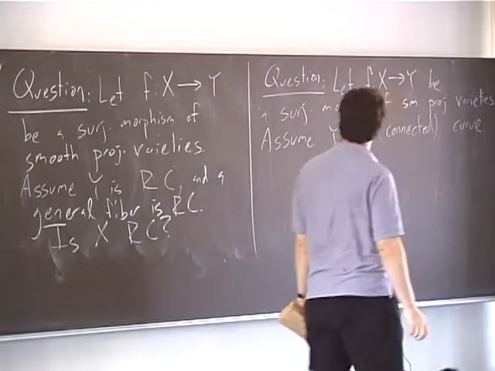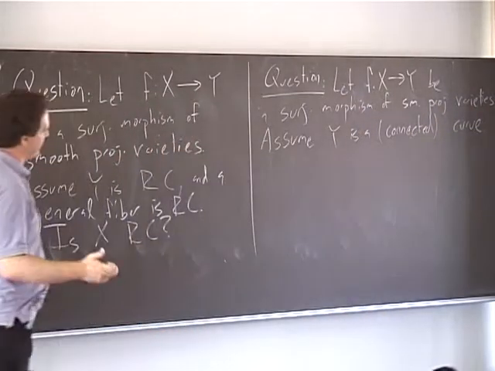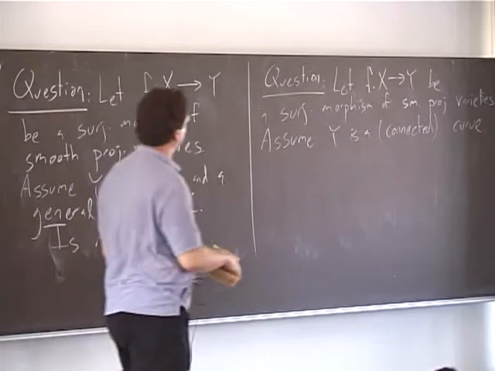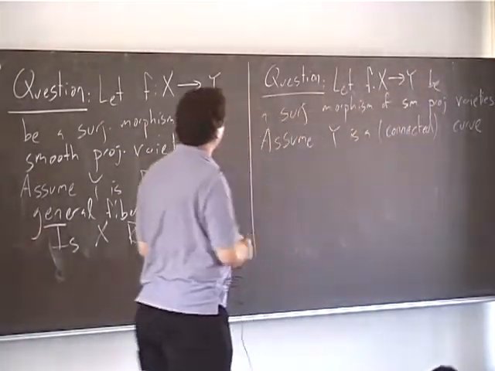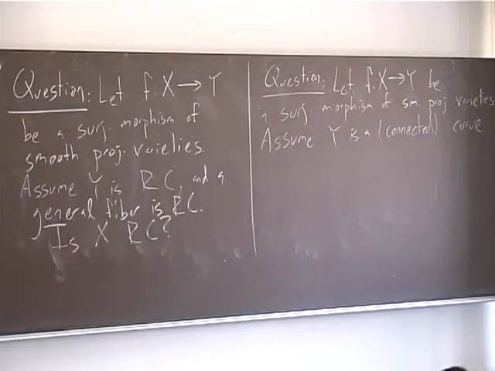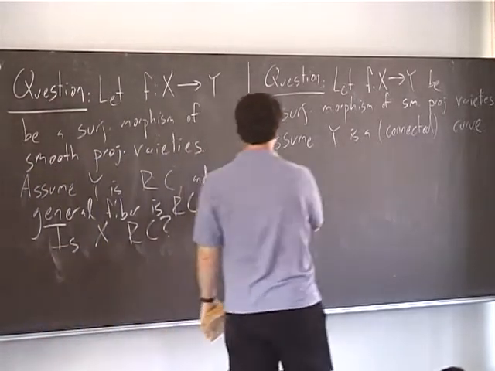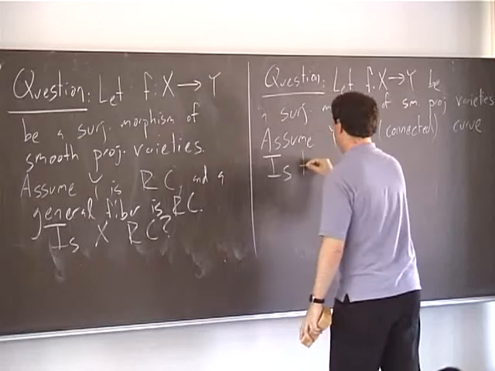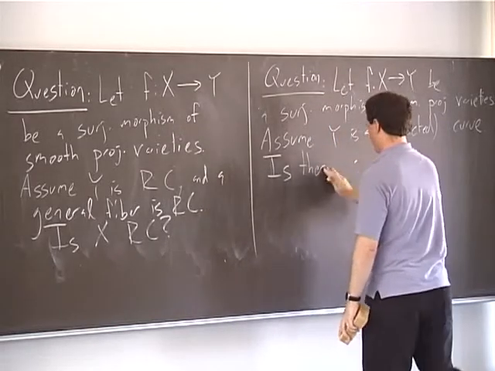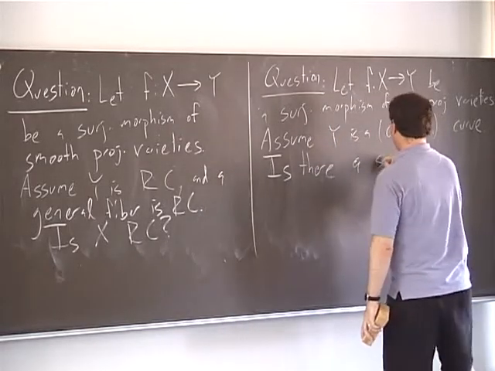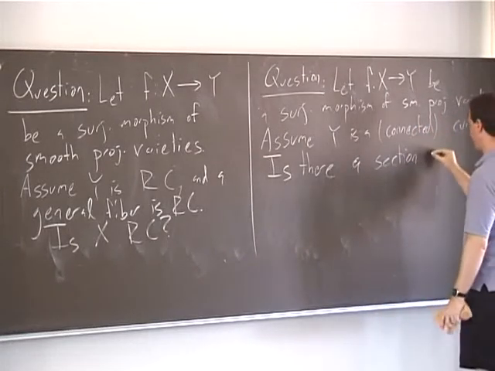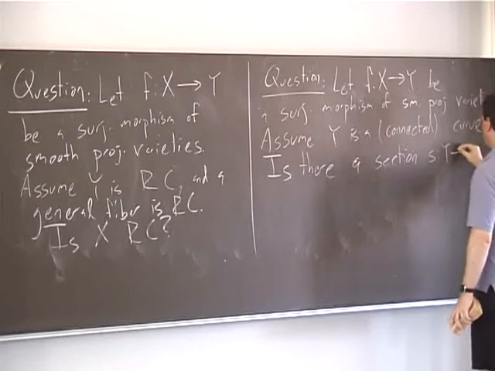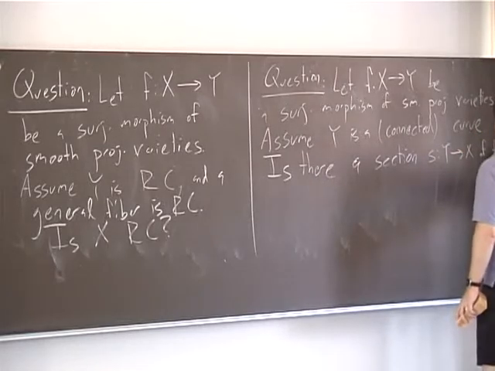Then the question is, does there exist a section? You could phrase this as saying, if you take the generic fiber of this, thought of as a variety defined over the function field of that curve, does it have a rational point? So is there a section? This is the integral model version of the question of existence of rational points. So is there a section s from Y to X of f?